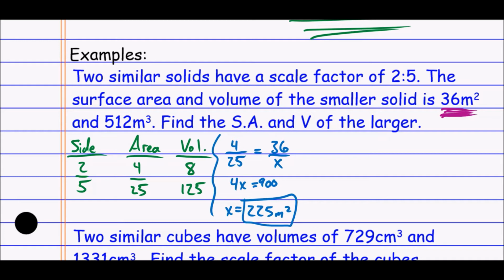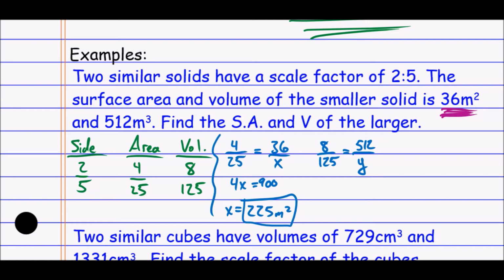All right. And now I can do the same thing with the volume. Again, the volume, the ratio should be 8 to 125. And that should equal the actual ratio I get when I compare the volumes. If I compare the volumes, the smaller figure has a volume of 512. The larger figure, I frankly don't know what the volume is, so I'll call it y this time. Okay? And once again, this is basically a job for my calculator.